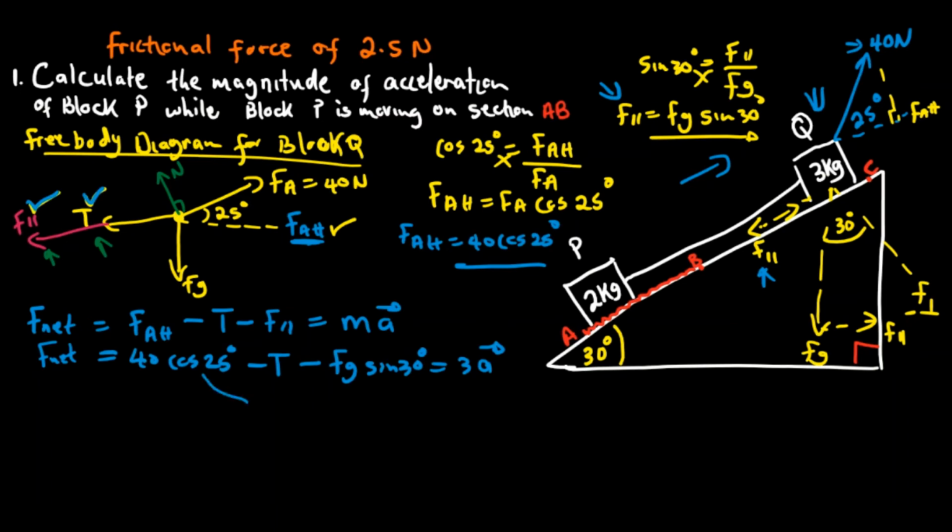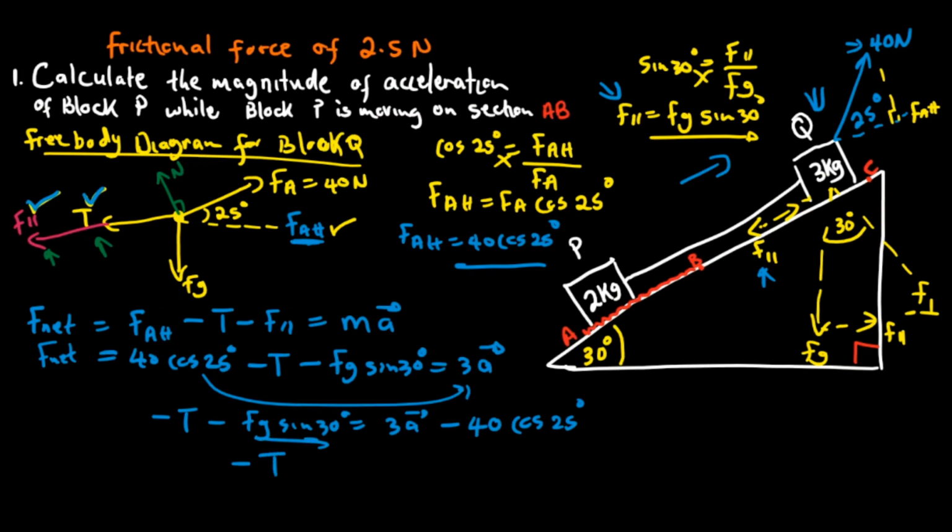So let's write it in a more clear manner. So let's transpose this one to that side. I'm going to have minus T minus F of G sine of 30 degrees is equal to 3A minus 40 cos 25 degrees. We transpose this here.